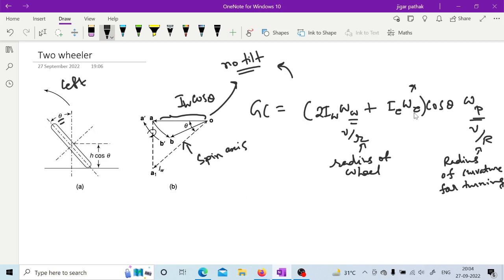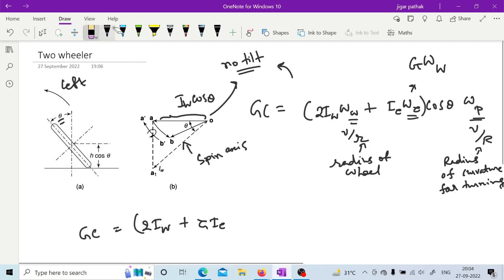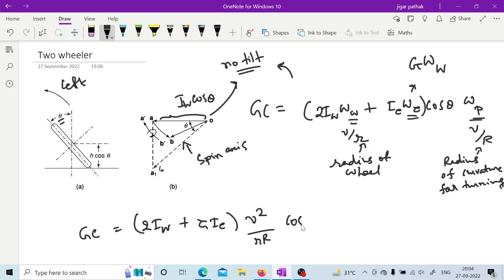What I was telling is, this omega e you can also put as g into omega w. So if you put all these values, then your final gyroscopic couple will come like 2 I w plus G I E v square by r into r cos theta.